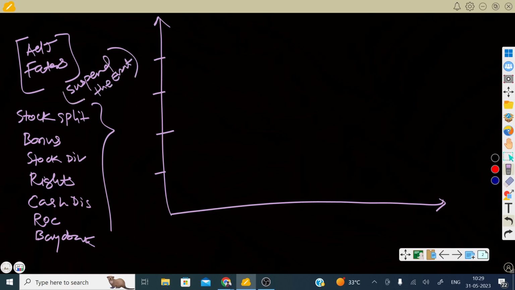But let's assume that particular contract is already on, and meanwhile the company comes up with a cash dividend. In that case, the stock exchange cannot suspend it, right? They cannot suspend it.